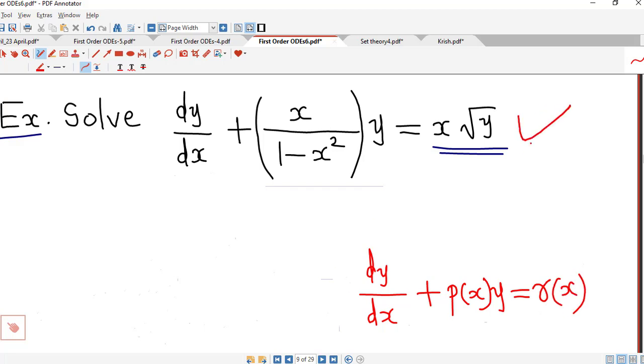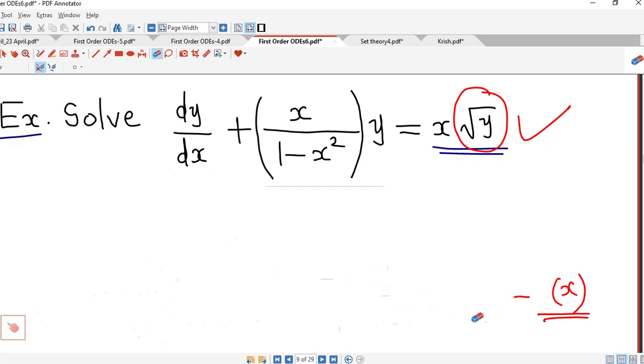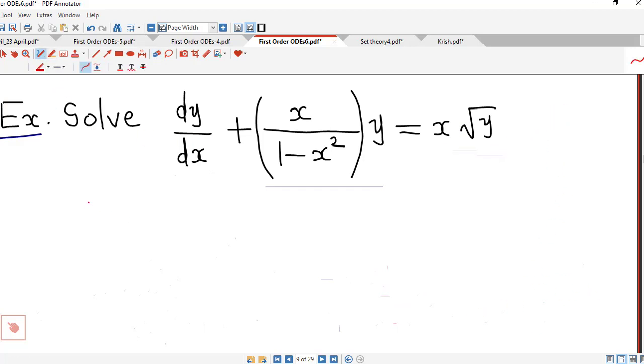So this equation is not linear because right hand side is not a function of x only. So first we must express right hand side as a function of x only. So this is creating a problem. So first we have to divide this differential equation by square root of y. So first step is we divide this equation by square root of y.